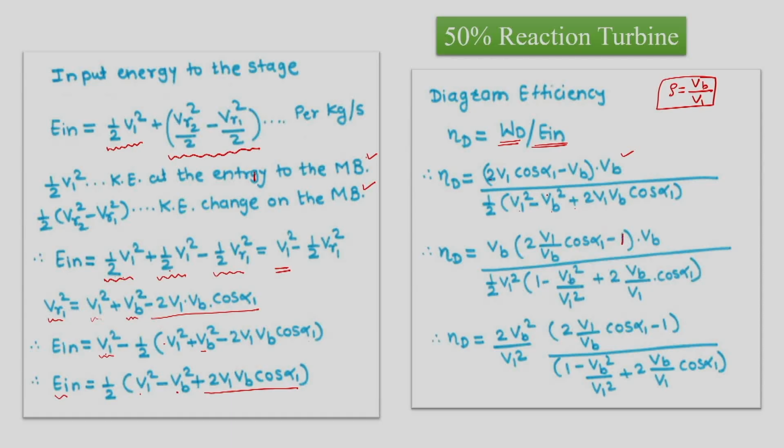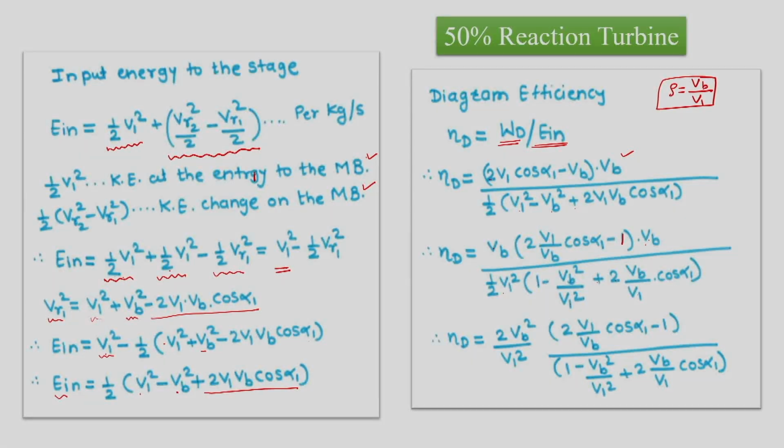So we will have 1 over here, and we will have V1 upon VB over here, and VB will come out, and then this VB is as it is. Similarly, we will take V1 square common from the denominator. So we have 1/2 V1 square. So 1 minus VB square upon V1 square plus 2 into VB upon V1, since 1 V1 will get cancelled, into cos alpha 1.